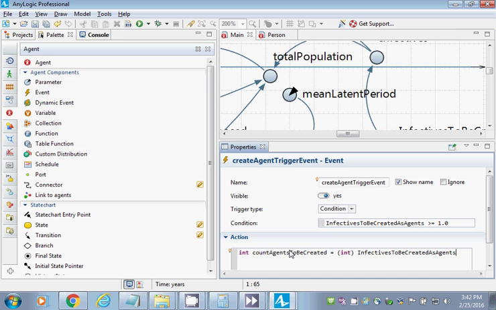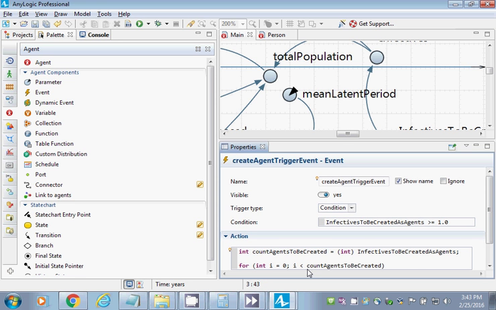Yes, it's a person. It's an agent. Okay? So I'm going to then remove the number of agents we've created from the queue to be created. There's some number of agents waiting to be created.